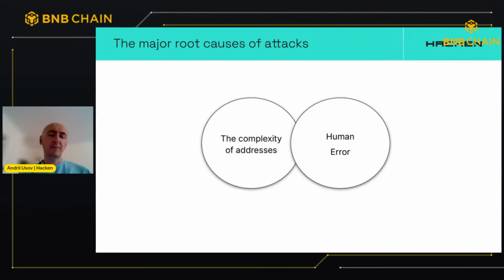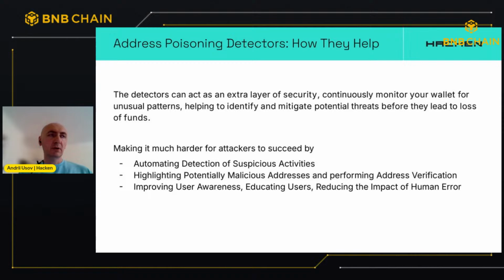So, a quick recap: the major root causes of the attack are the complexity of the addresses which we use, and human error. What can we do to solve that? If the attacker uses an automation process and a monitoring and generation system, then from the defending side we can develop and use detectors which help us identify if we are under attack, to improve our awareness of the situation.